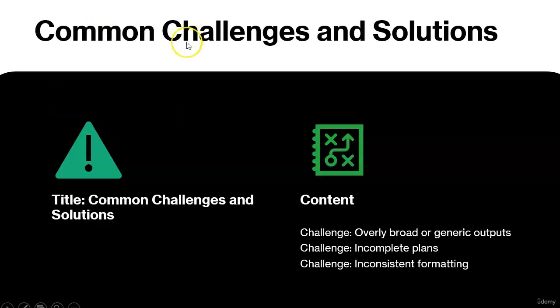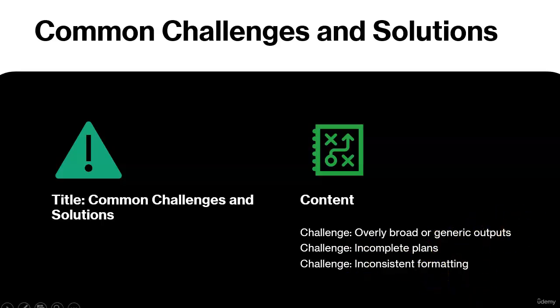Next, common challenges and solutions. So let's discuss some common challenges you might encounter when using ChatGPT in project planning and how to overcome them. Challenge: if the outputs are too broad or generic, try refining your prompts with more specific project details.